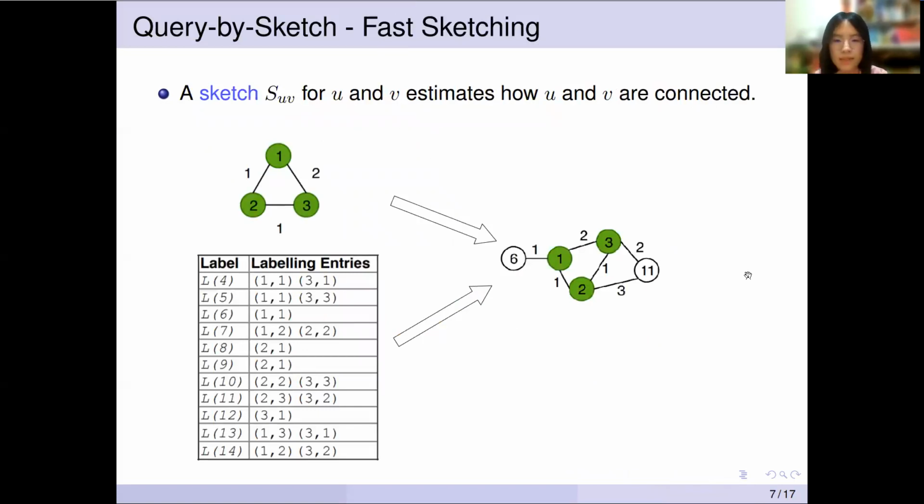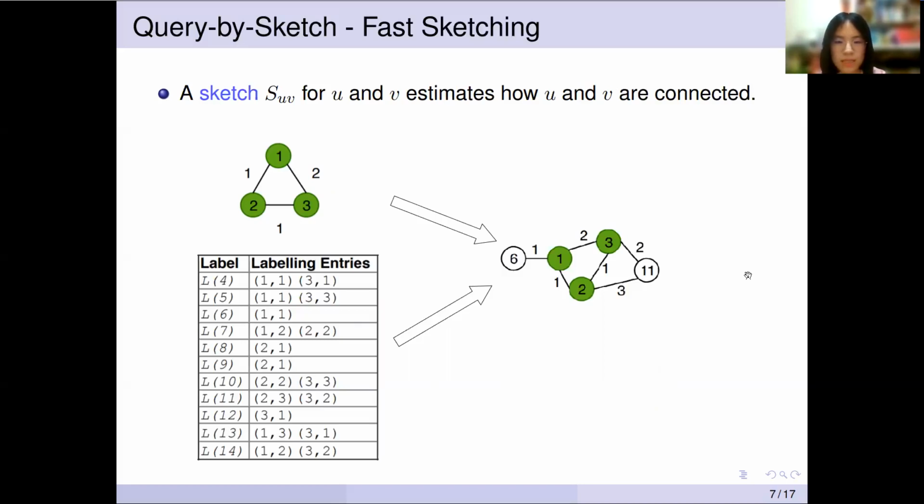The second key idea of query by sketch is fast sketching. We compute a sketch to summarize the important structure of shortest paths in a query answer. It is based on the labeling scheme which we just constructed, and it provides an efficient and principled way of searching, which we are going to do next. Here we show the sketch for answering the shortest path graph query between vertex 6 and 11.